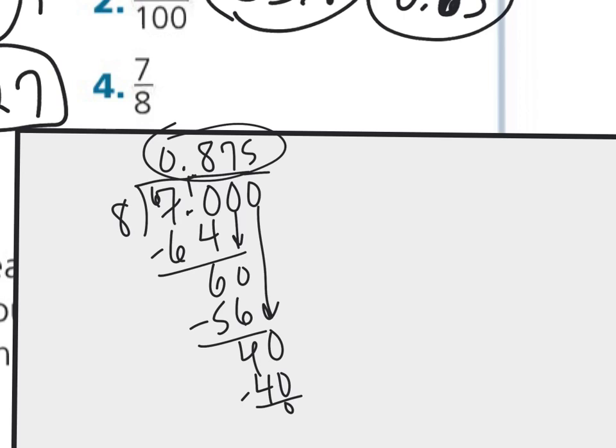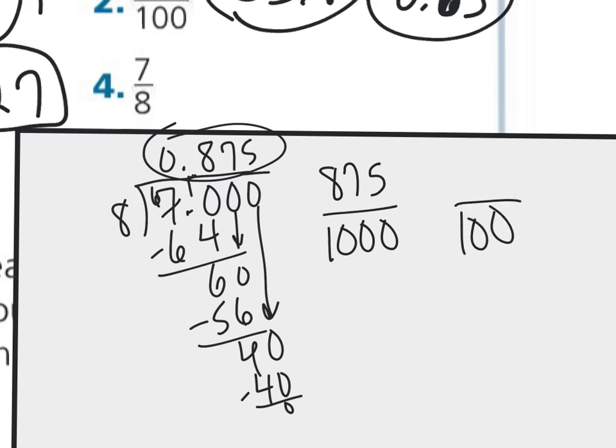And then as a fraction, oh, we already have the fraction, sorry. As a percent, you could think about it this way. I guess we'll go to the fraction first of all. 875 thousandths we could write as a fraction, 875 thousandths. And then to try and get this to 100, we actually need to divide.